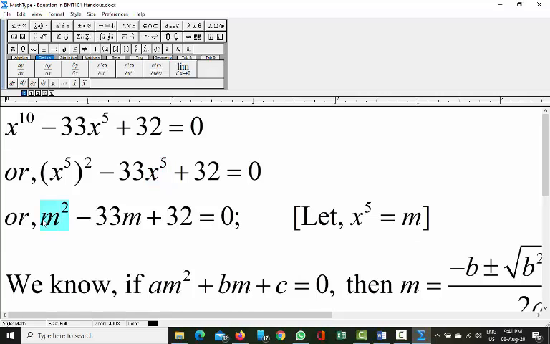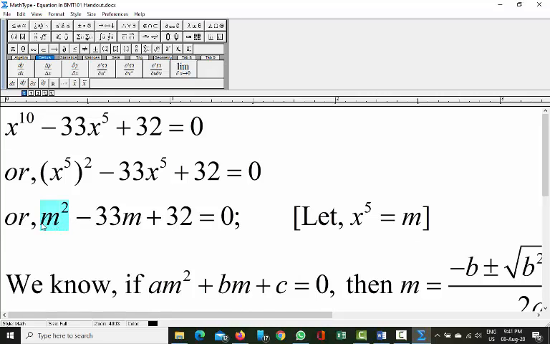Now we want to solve this equation. In this equation, m is the variable, and this is the square term of the variable.